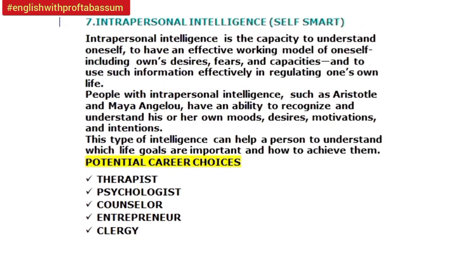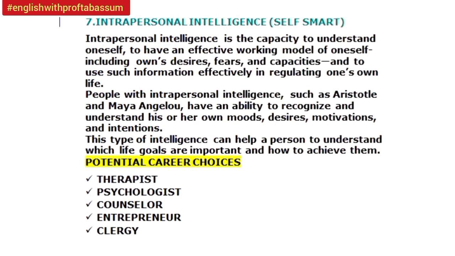Intrapersonal intelligence, or let's say self smart. If a person has this type of intelligence, he or she knows more about him or herself, like their own desires, their fears, their capacities, their strengths, and their weaknesses, and they also know how they can use this information to change their lives.